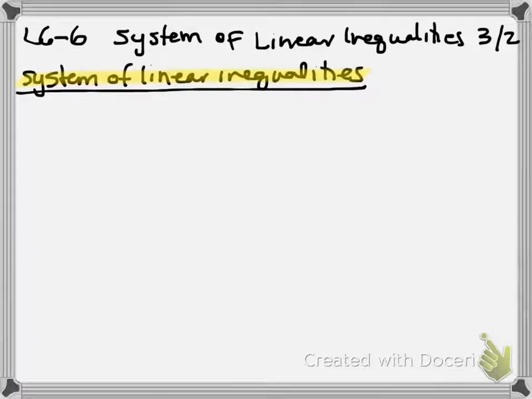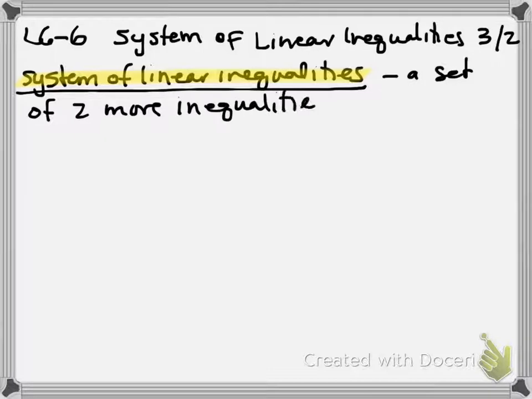So it is a set of two or more inequalities. So we're going to have greater than, less than, greater than or equal to, less than or equal to, written in the same two variables. For most purposes, you're going to see x's and y's.